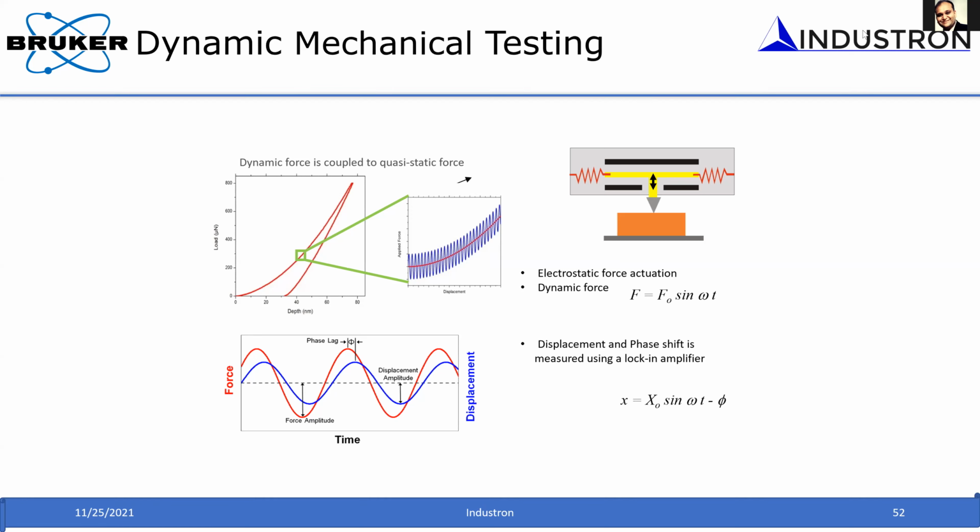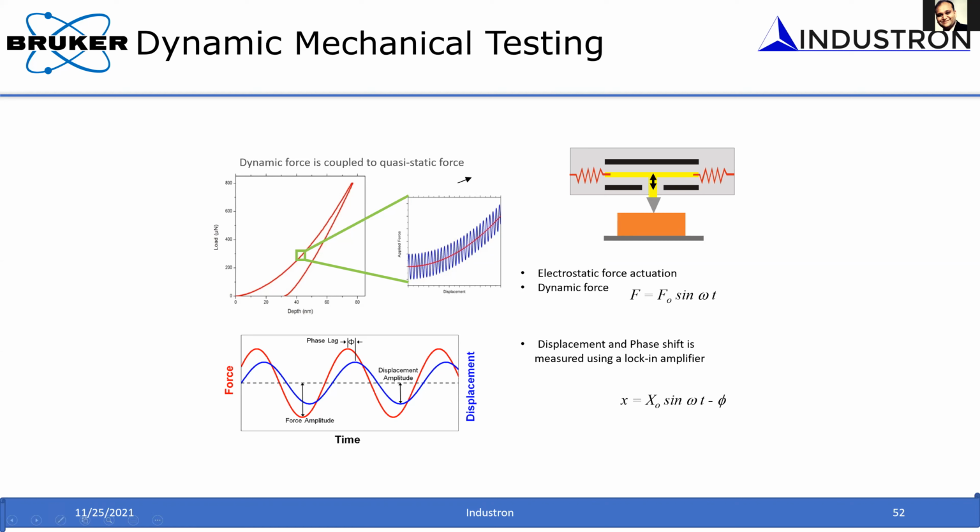For an applied force amplitude, we can easily measure the displacement amplitude. Along with the displacement amplitude, we can also measure the phase lag that I talked about between the force and the displacement. These two quantities you can directly measure from the lock-in amplifier.